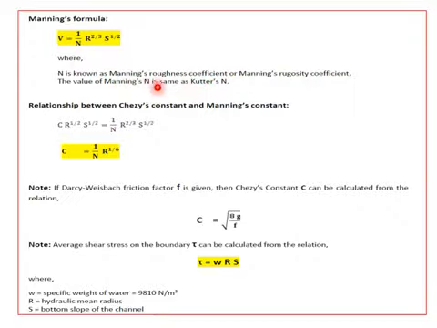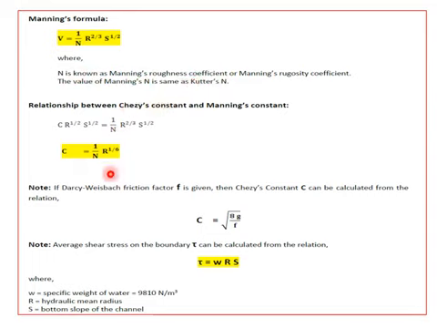This value of Manning's N is similar to the value given by Kutter's N. But if Manning's N is given, use it in the Manning's formula to calculate velocity. If Kutter's N is given, calculate C using Kutter's N and put it in the Chezy's equation, V is equal to C root RS. So don't mix up Manning's and Kutter's N in the problems.